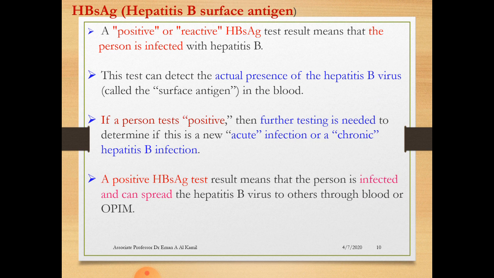If the person tests positive, further testing is needed to determine if this is a new or acute infection or a chronic infection. A positive result means the person can spread the infection to other people through blood or other potentially infectious material.